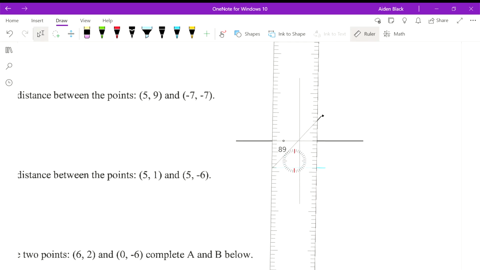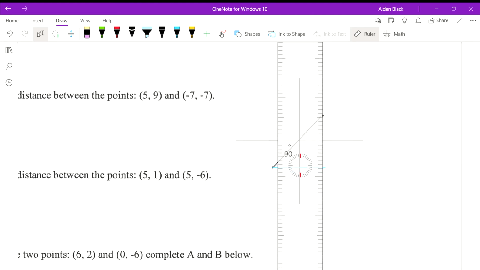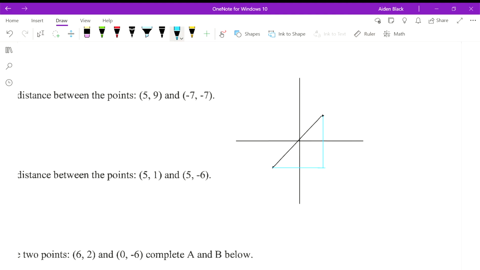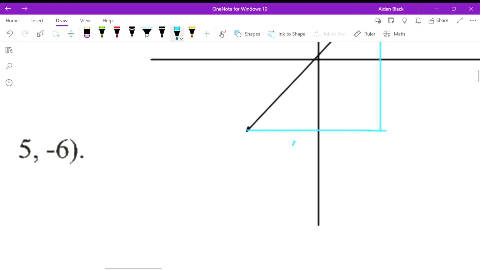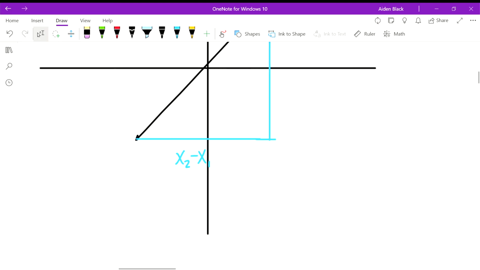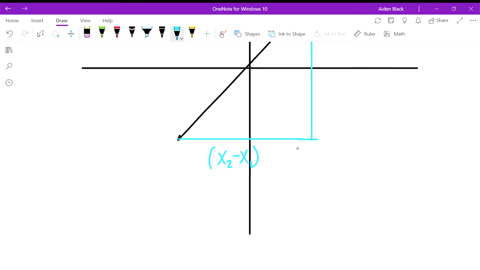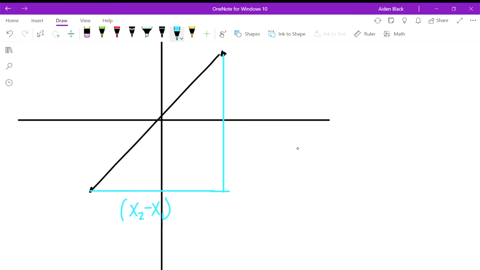And your vertical leg, which is your y2 minus y1. So I'll write that down there actually. We'll go x2 minus x1, and I'll put parentheses around it. Your y2 minus y1.